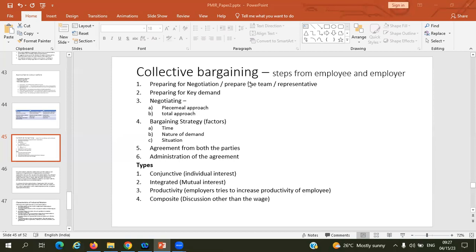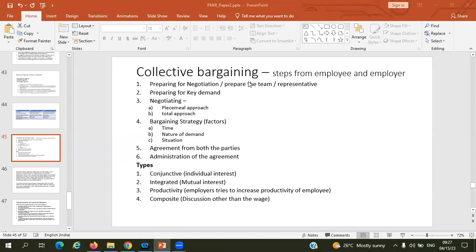They're only thinking from their own side. That is called conjunctive bargaining. In that type of bargaining, when the persons are thinking individually about their own interests, their own benefits, that is called conjunctive bargaining.